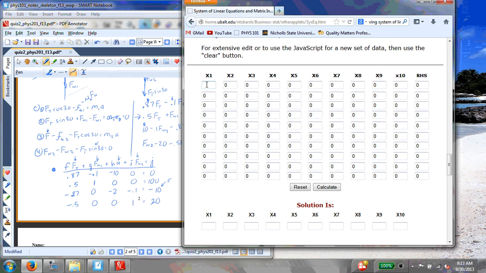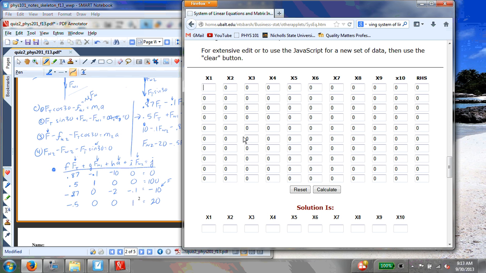So hold on, let me turn my screen around. You put in these coefficients, so I have 0.87, negative 0.1, negative 10, and 0. Then I go to the second equation, 0.5, 1, and then all those were zeros. But over here on the right-hand side of the equation, I have 100.